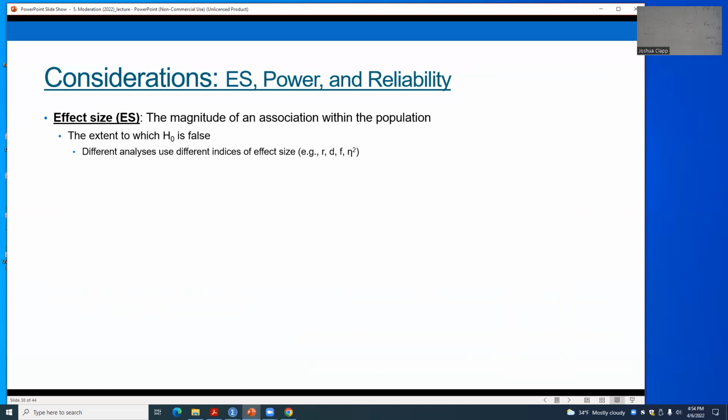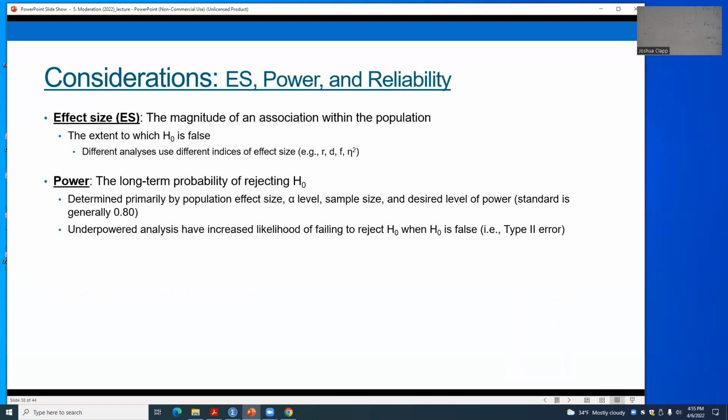Think about your effect size, which I think is a really cool way to think about this: your effect size measures the extent to which your null hypothesis is false. If I've got a small effect size, I'm saying the null hypothesis is false to a small degree. Or if I've got a big effect size, the null effect is way off, right? We think about different types of effect size metrics depending on the analyses that we're running.